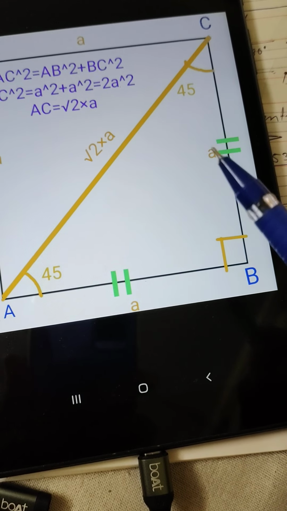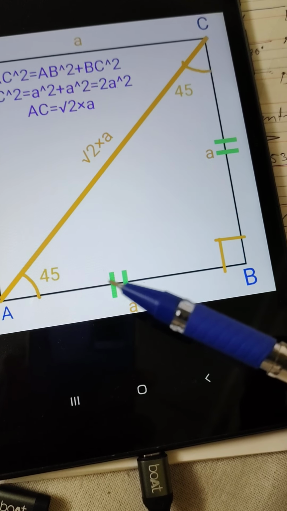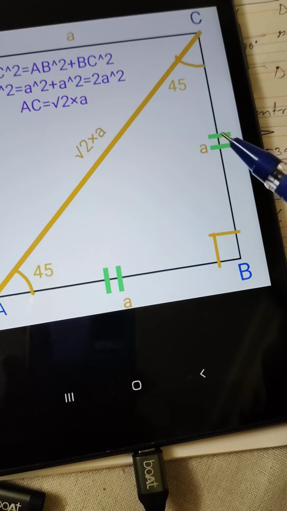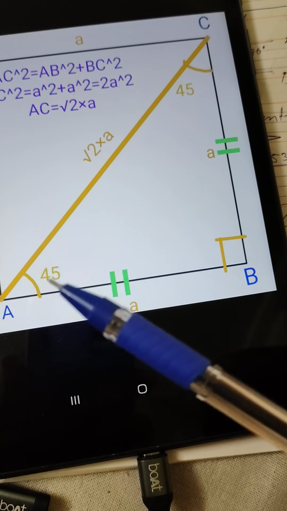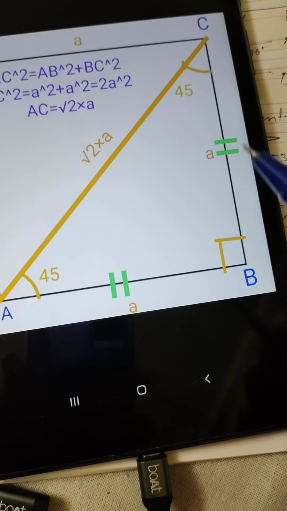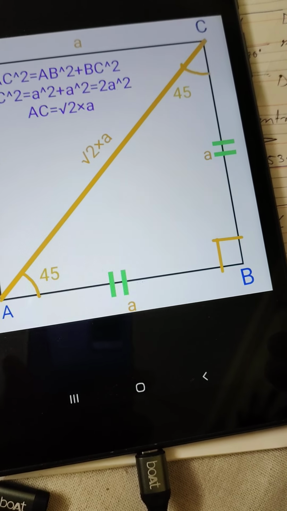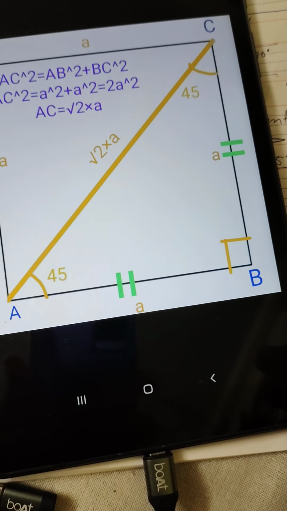Because these two sides are equal, the angle opposite to this side and the angle opposite to this side will be equal. So both angles will be equal and both sides will be equal, according to the property of an isosceles triangle.